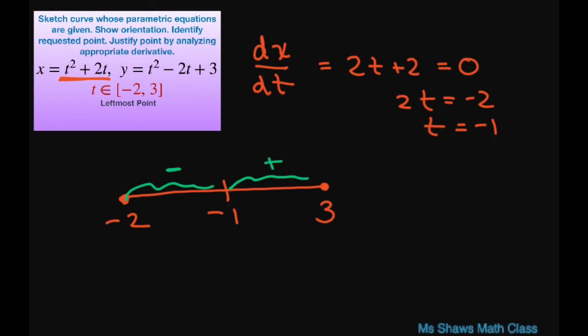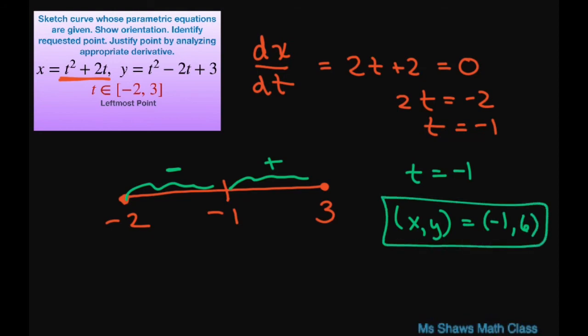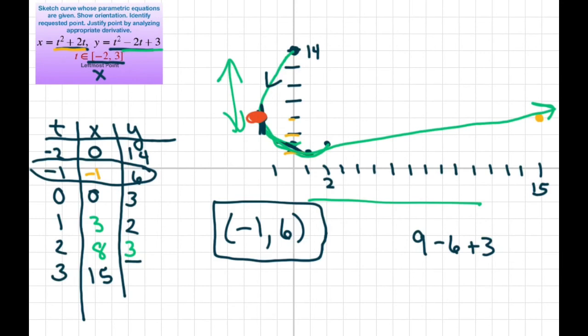So there's a relative minimum at t equals negative 1, where your x comma y equals negative 1 comma 6. And that's it. I'm sorry about the graph. I do want to point out we're supposed to stop here, and I shouldn't have put an arrow here. There. All right.